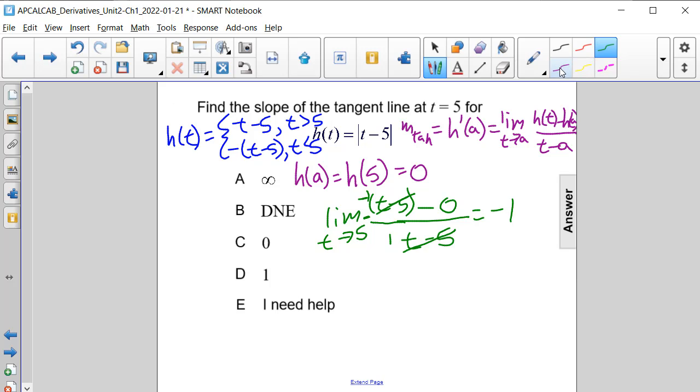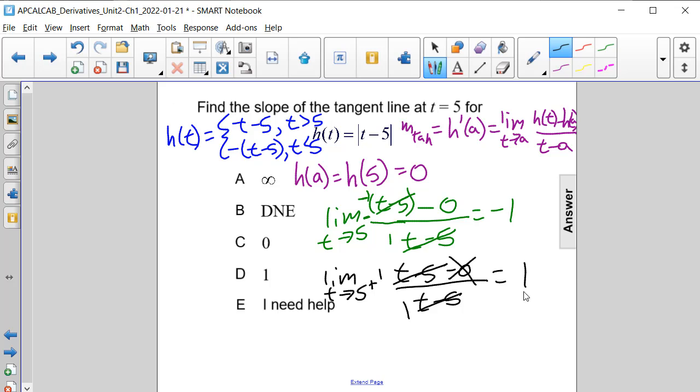Now let's calculate the limit from the right. So the limit as t is approaching 5 from the right. That one is going to be just regular t minus 5 and then minus 0 all over t minus 5. Well, because 0 is there, we can really ignore it. And then these factors of t minus 5 cancel each other out, and we're left with 1 divided by 1, which is 1.